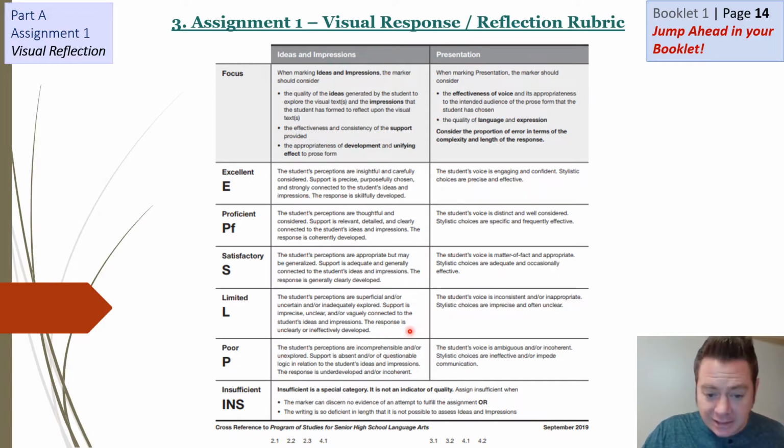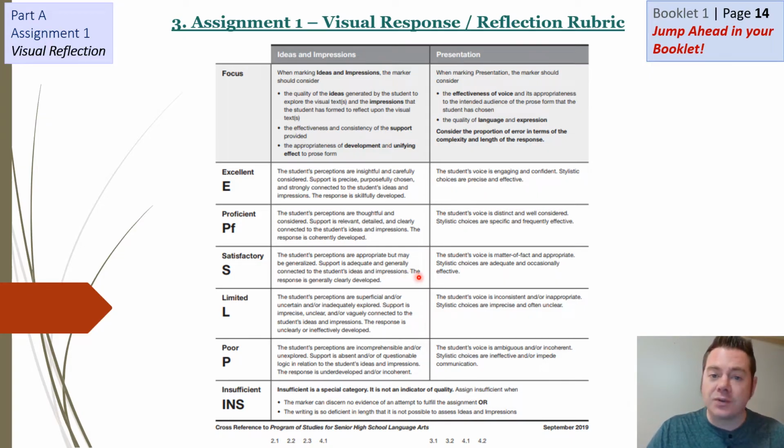Taking a look at limited, there are superficial or inadequately explored ideas. So it was a little bit more clear than what you would see in a poor, but again, it's not completely explored. It's not super clear where you were trying to go with that idea.